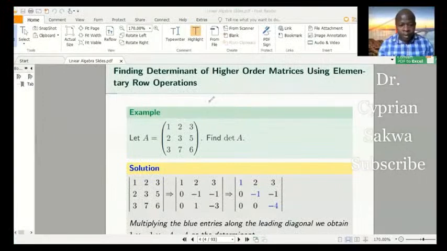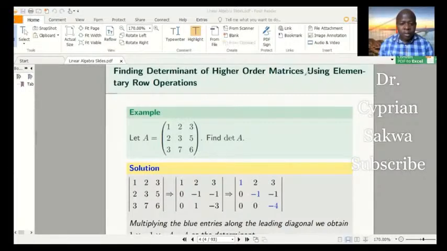Welcome to my channel, and let's see how to find the determinant of higher order matrices using elementary row operations. So we begin with the 3x3 matrix and then generalize this knowledge to any other higher order square matrix.